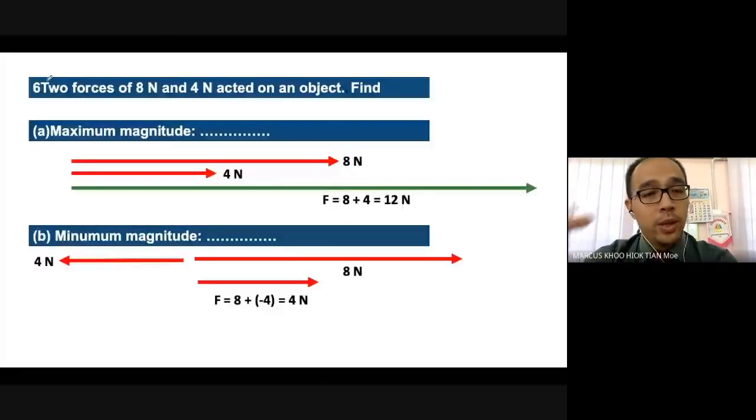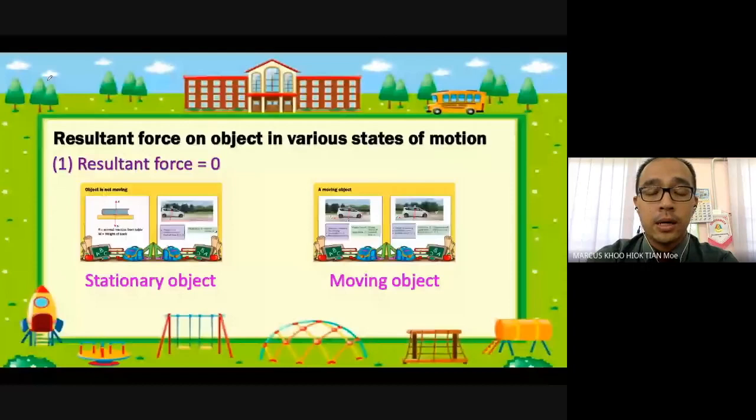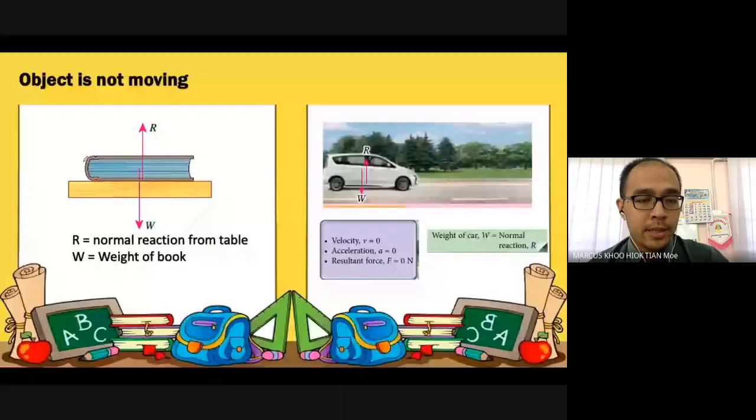This is something that we learned last year, but I'm going to revise it this year because it's something that you have to know. Whenever the resultant force is zero, there are two cases. Number one is if the object is not moving. I want to introduce several new terms. If something is not moving, there is obviously the weight that we learned last year.